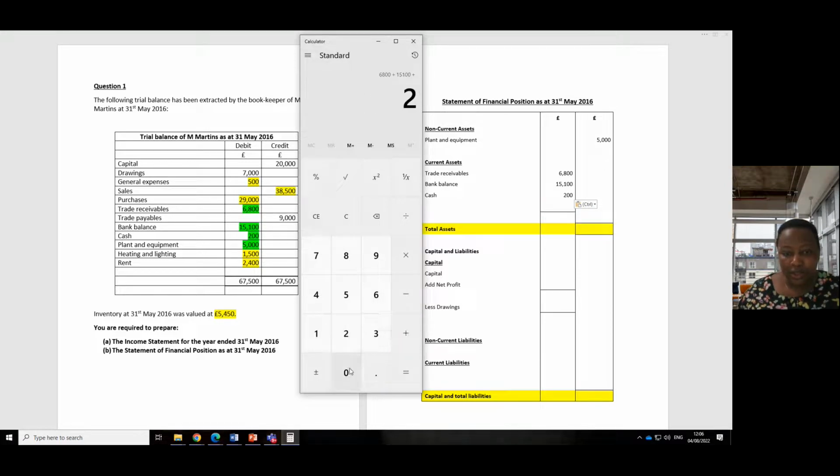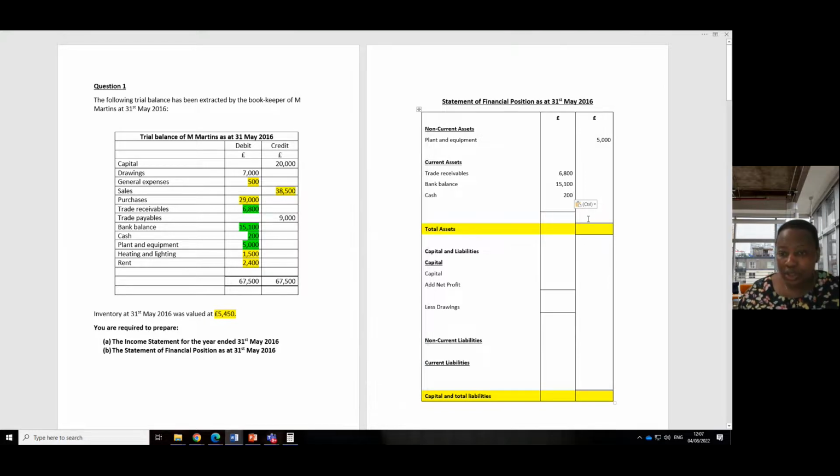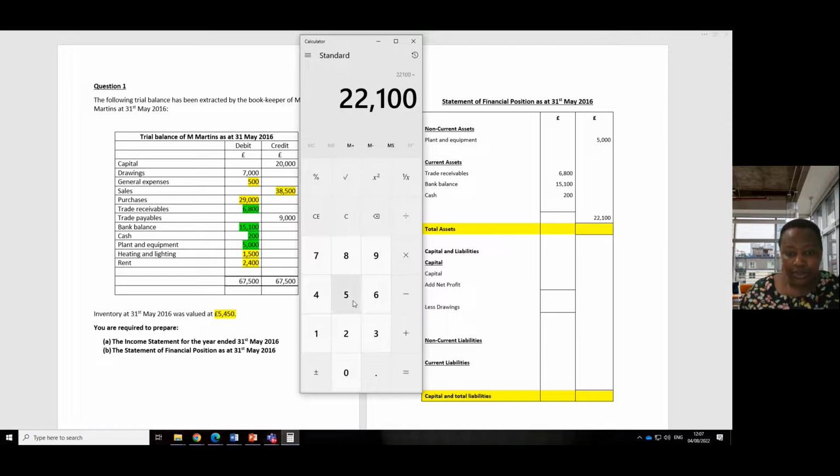And we add 200. So here our current assets is 22,100. We add that to our non-current assets. So we add 5,000, which is our non-current asset. That's 27,100, and that is our total assets.